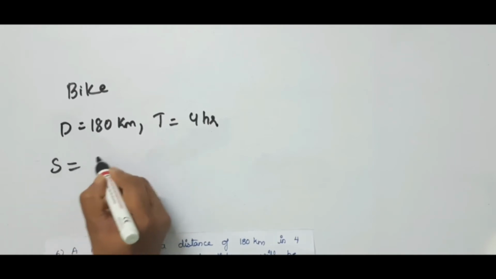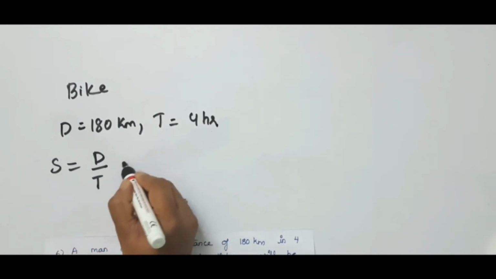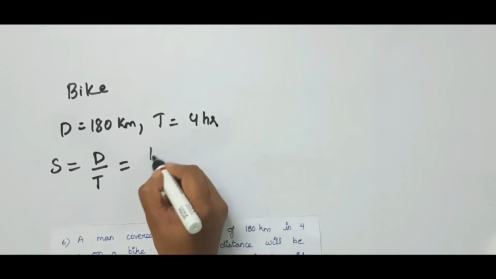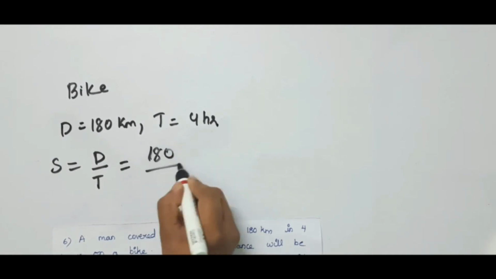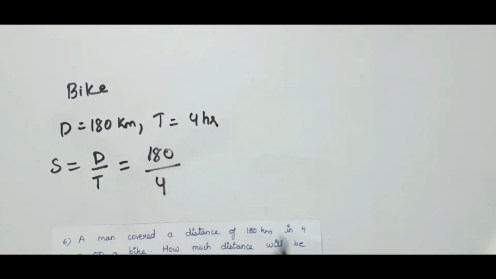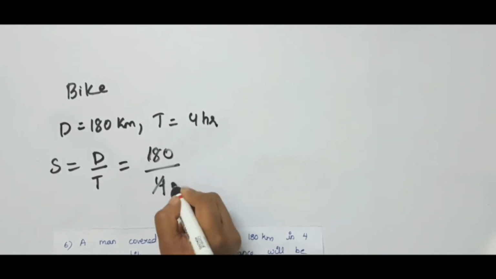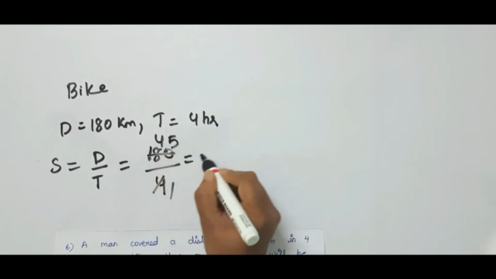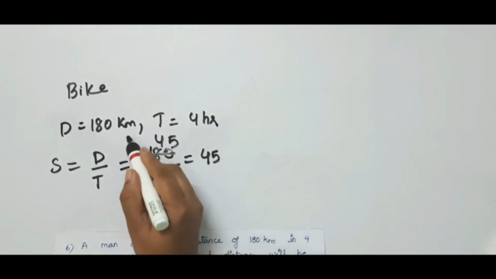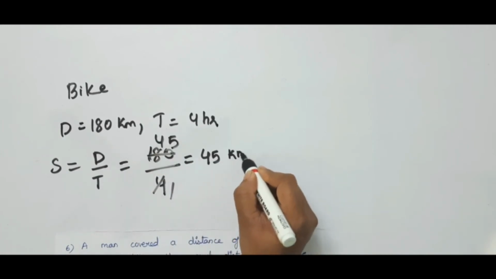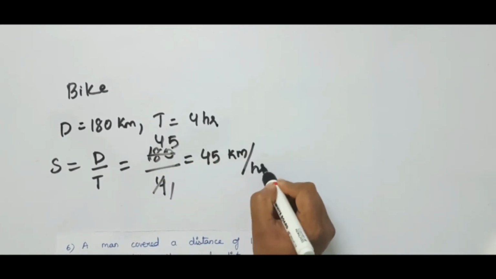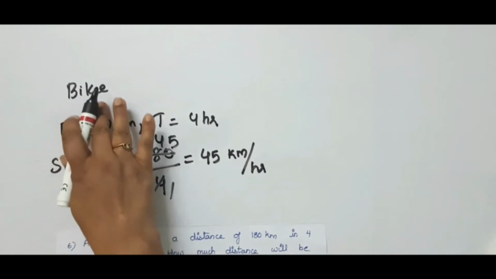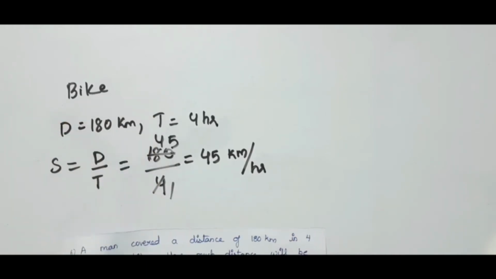Speed is equal to distance by time. This is equal to 180 by 4. Is it not? So 4 ones are 4, 4 4s are 16, and it is 2, and it is 45. So we got 45. Here the unit says distance is kilometer and time is per hour. Once we got the speed of the bike, we can easily write the speed of the bicycle.